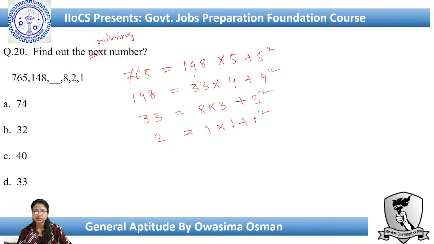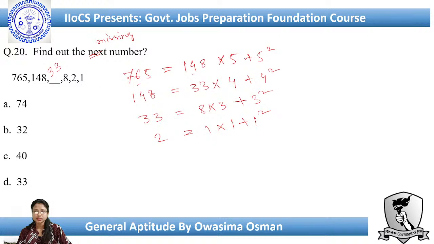So these digits are the next digit of every digit: 148 is the next digit of 765, and 33 is the next digit of 148, which will be our answer. Similarly, 8 is the next digit of 33 and 1 is the next digit of 2.